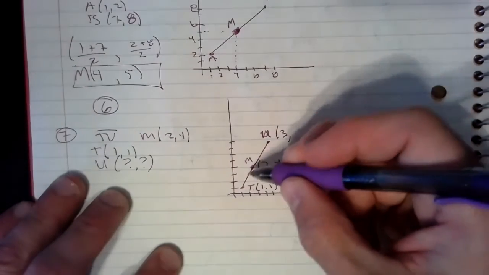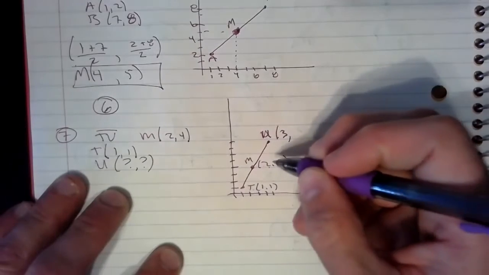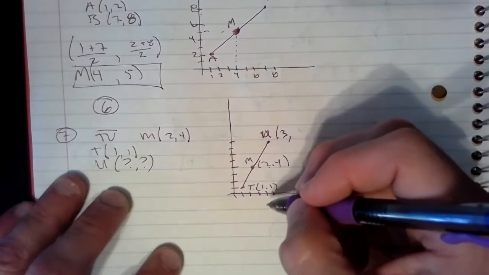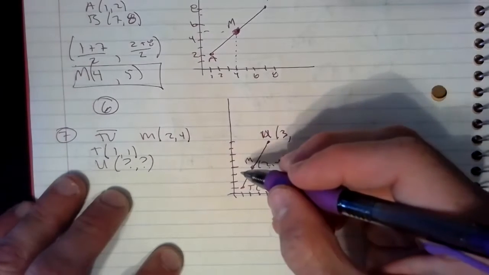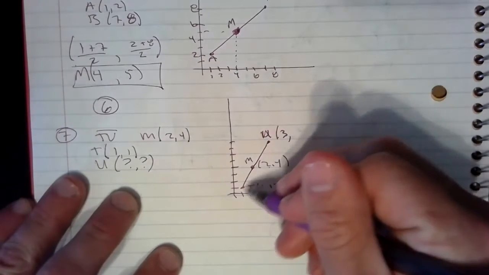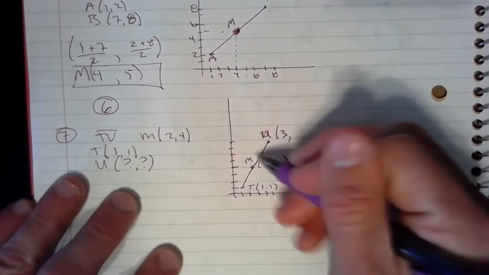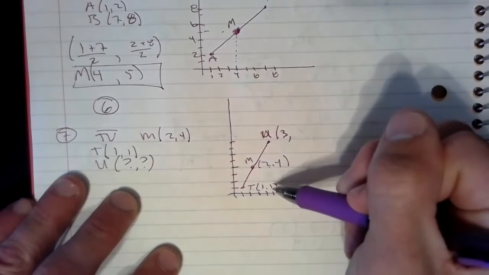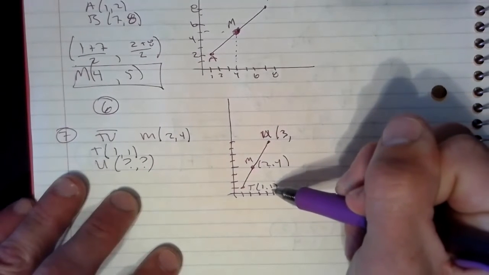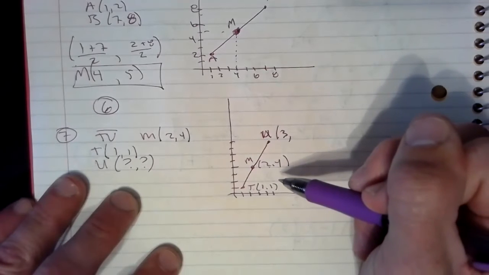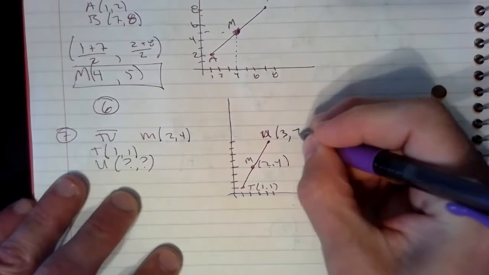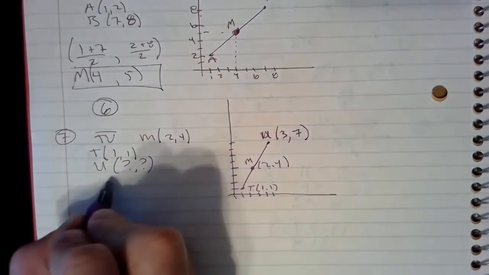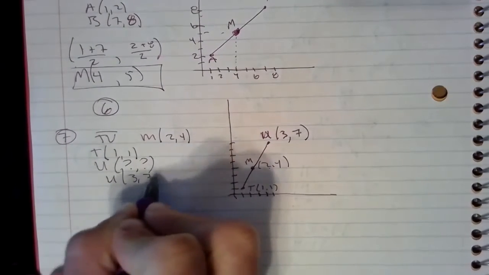Now, technically, I should have said right 1. 1 to 2 is right 1, so go right 1 more, so 3. Remember, figure not drawn to scale, not a great example because I didn't know what to visualize yet. I just know I'm looking for a point somewhere out here with bigger numbers, bigger than 2 and bigger than 4. Okay, now 1 to 4, so to go up, we go from 1 to 4, we're going up 3, so 4 plus 3 is 7. So I'm guessing that my endpoint U is at 3, 7.